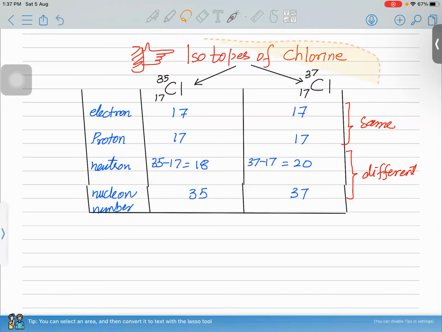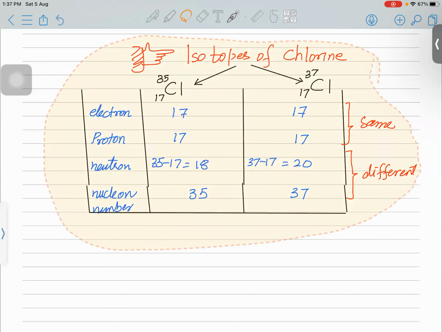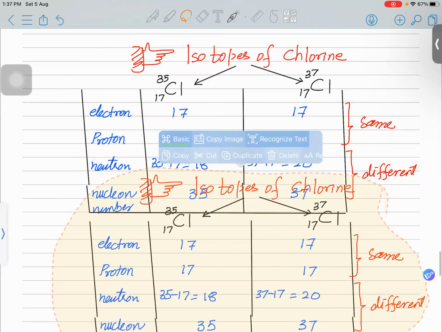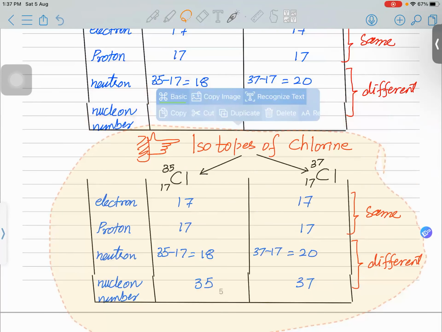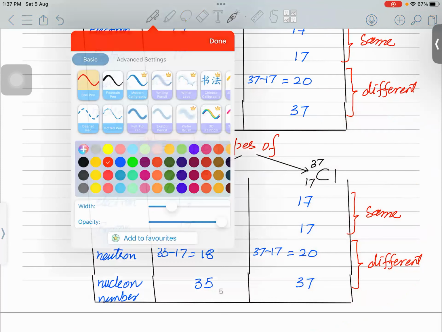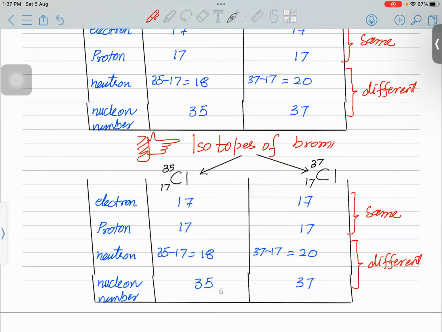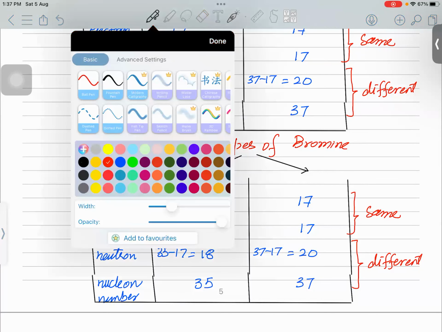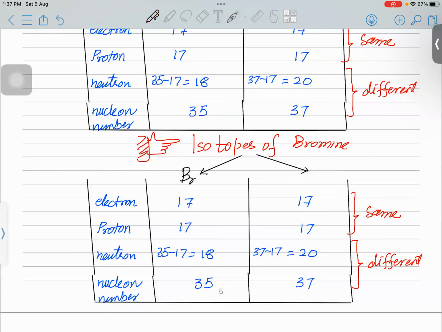Now, next is isotopes of bromine. Bromine also has two isotopes, 79, 35 and 81, 35.